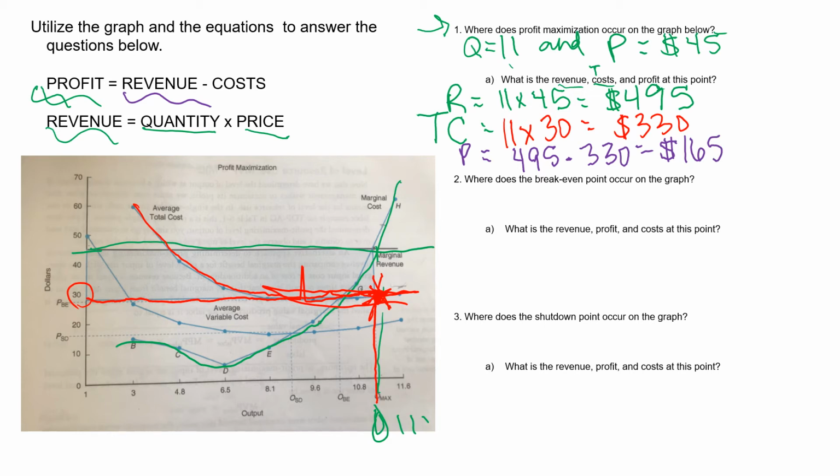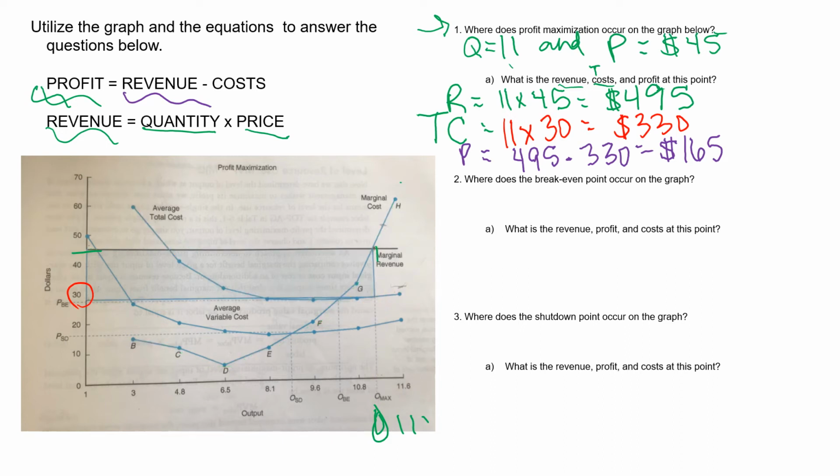If we are looking at number 2, break-even point, it says where does the break-even point occur on this graph? Well, break-even point, we had found that in the previous example too, so that's where the lowest point of the average total cost curve meets the marginal cost curve.